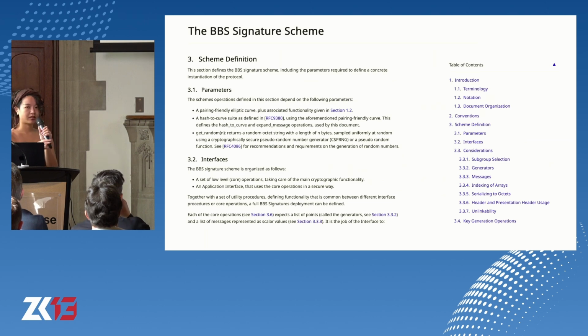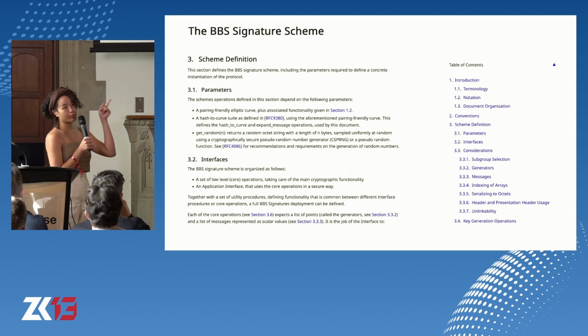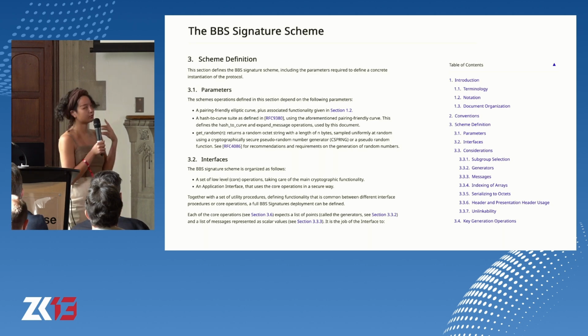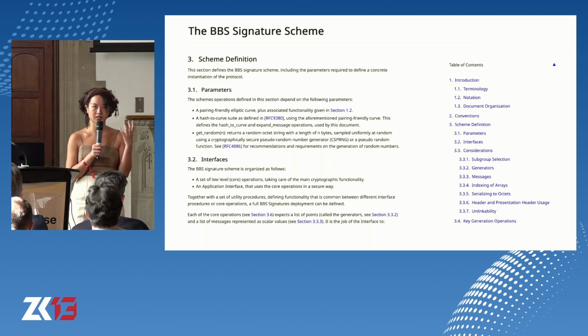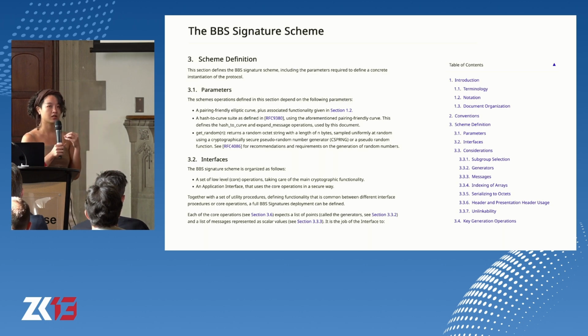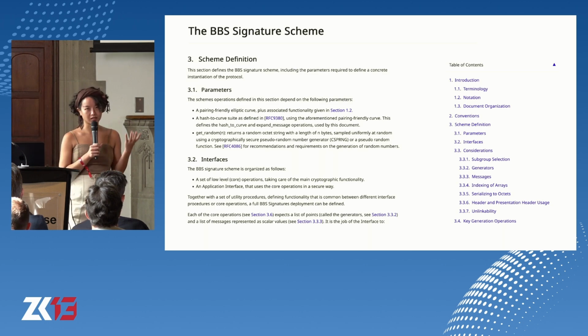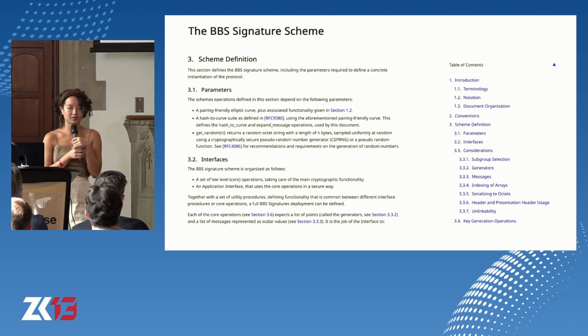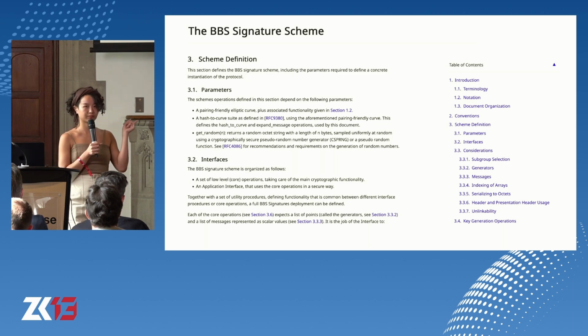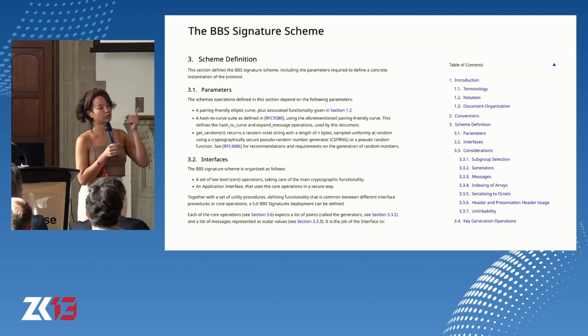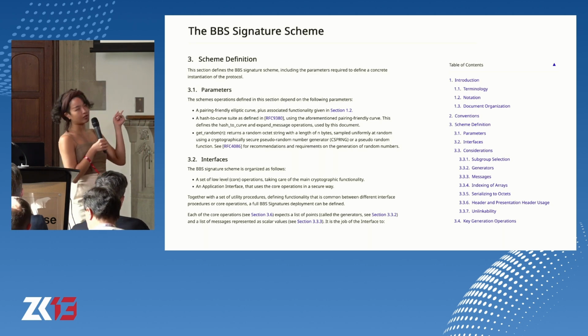This is another example of a much older standard for a much simpler protocol, BBS signature, that allows for blind signatures, it allows for selective disclosure, it allows pretty much for the instantiation of anonymous credentials. It's way simpler than generic ZK snarks, and a standard for it exists as well.